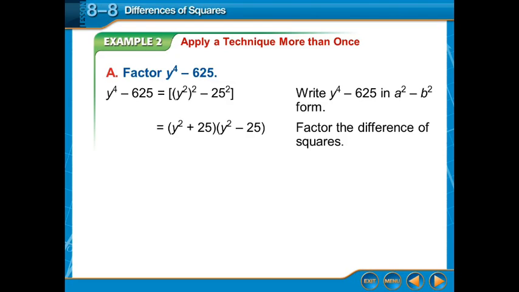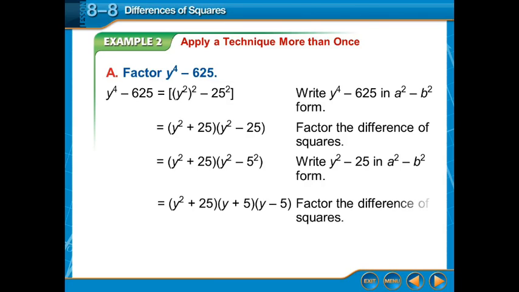You'll have y squared plus 25 and y squared minus 25. Now don't fall for that trick on y squared plus 25, because you can't factor that using this method. But you can factor the difference of two squares, which is y squared minus 25. So apply that method one more time, and you'll have y plus 5 and y minus 5.